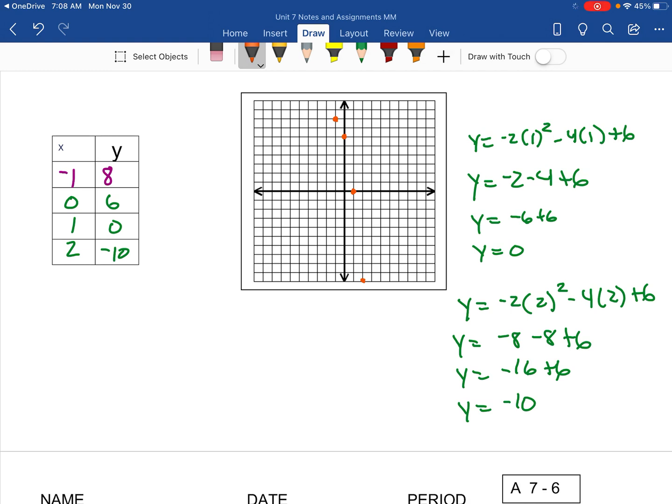So you can see that we have half of our parabola. The axis of symmetry goes through the vertex. So I'm going to reflect each point over that axis of symmetry to get the other half of my parabola. And it looks just like that.